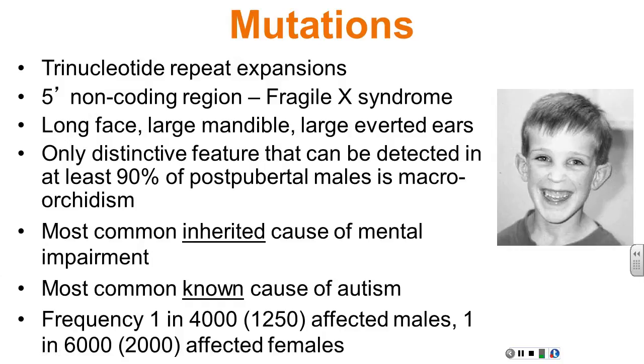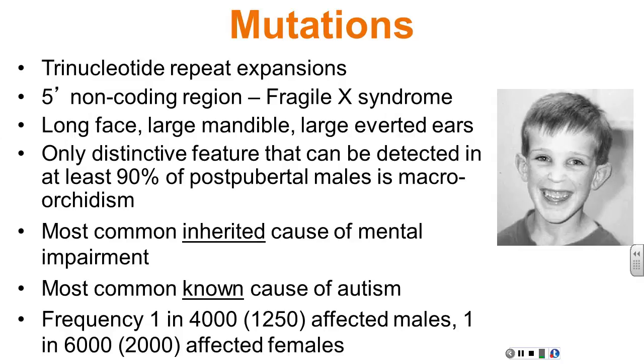Now, there's a more common genetic cause of mental impairment, which would be Down syndrome. But with Down syndrome, you're not inheriting a mutation from your parents. In most cases of Down syndrome, the parents don't have a mutation.